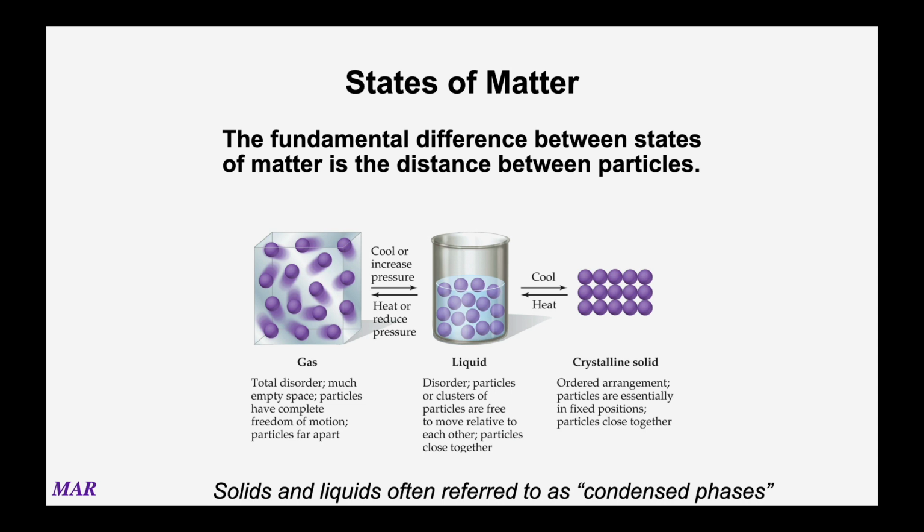But both of those density ranges are a lot greater than the density for gases. We saw that densities for gases are usually represented in grams per liter, so a lot less mass per volume. So condensed phases just means you have the molecules tighter together. That's all it means. The punchline of why these phases are different is intermolecular forces, and we'll talk about that here in a little bit.